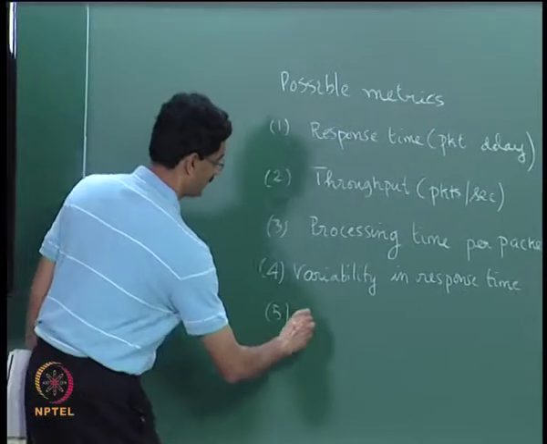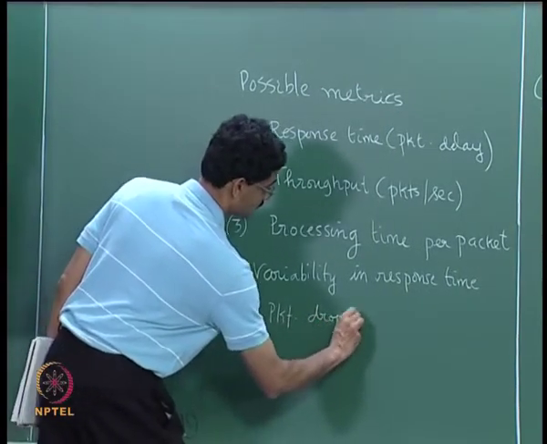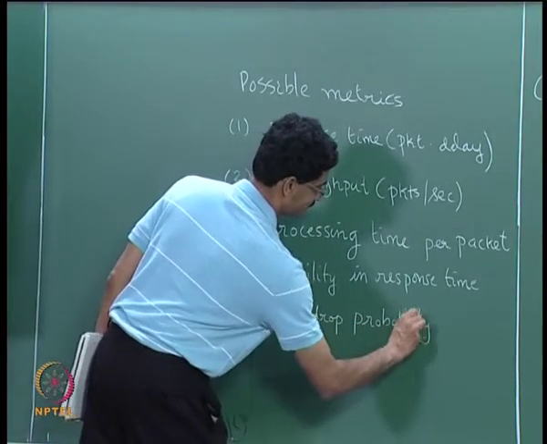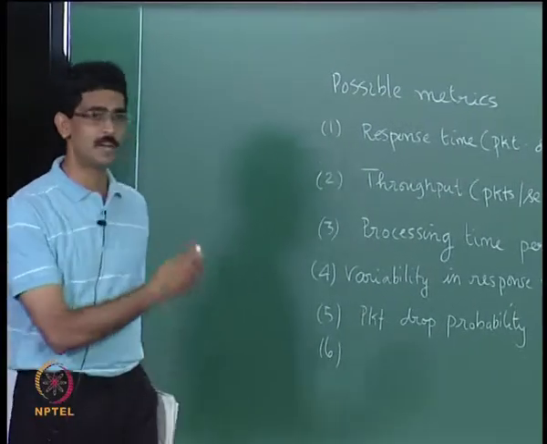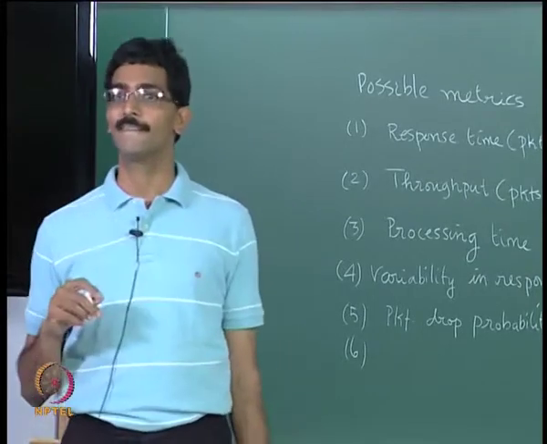Then others are packet drop probability and so on. So it is a fairly straightforward exercise. Since packets are dropped, I need to measure what fraction of packets are dropped. So you look at the queue length as well.